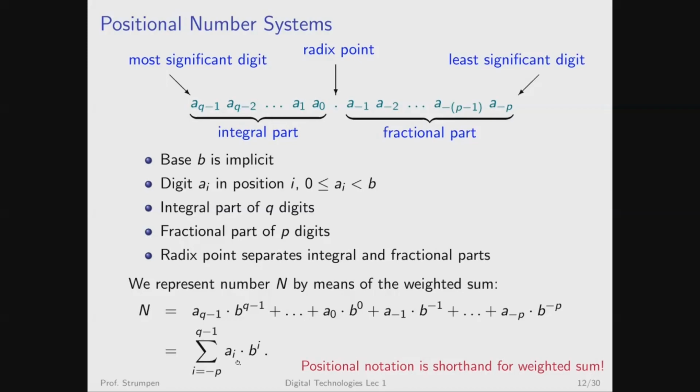The summation of the digit a sub i at position i times the base raised to the power of i, and you sum over position indices i from negative p to some q minus 1.